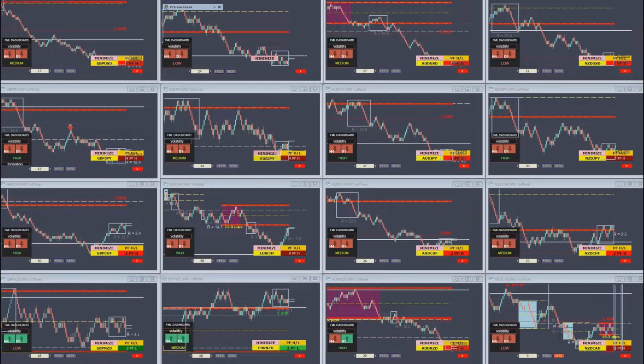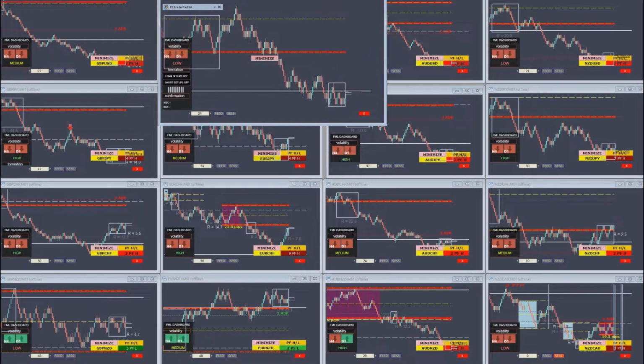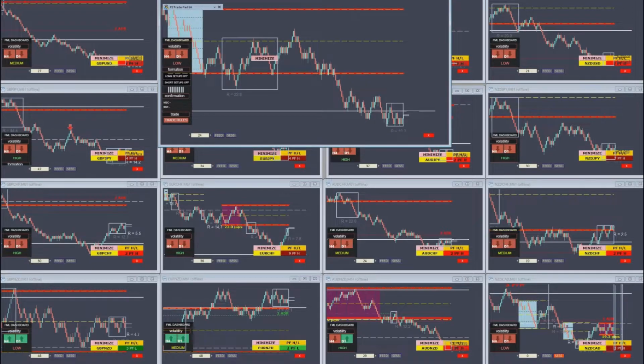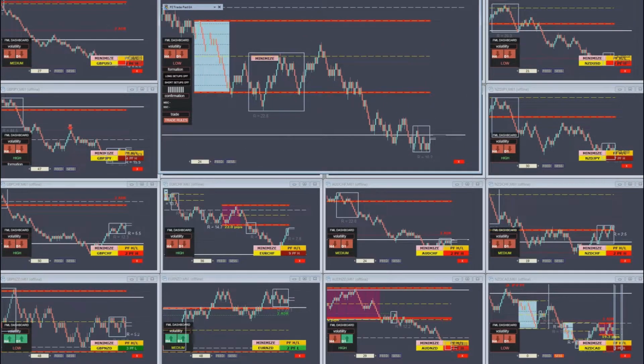So don't fear. Nevertheless, install that dashboard, tune it, because you could set it for the monthly, the yearly, the 1 minute, and then it also displays the current volatility of that pair. Now, you don't have to refrain yourself from low volatility pairs.